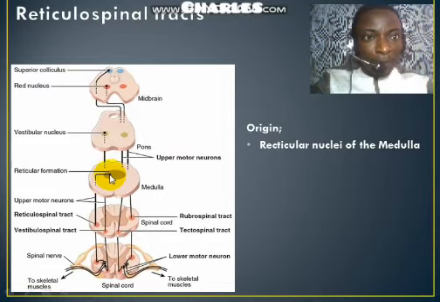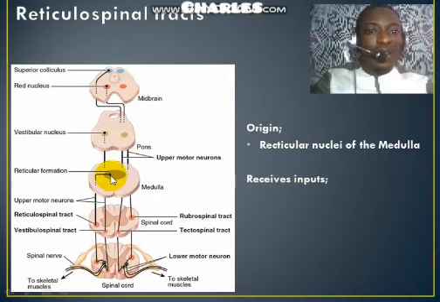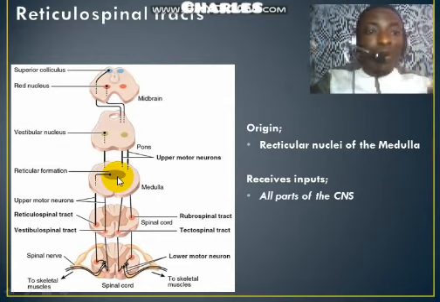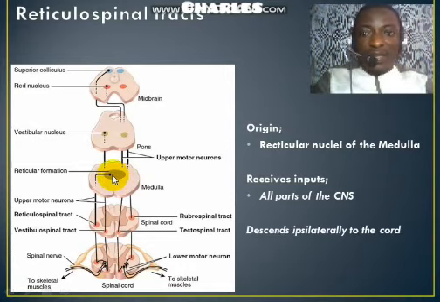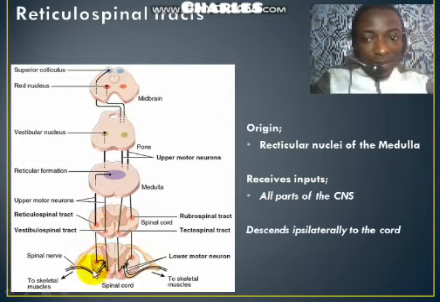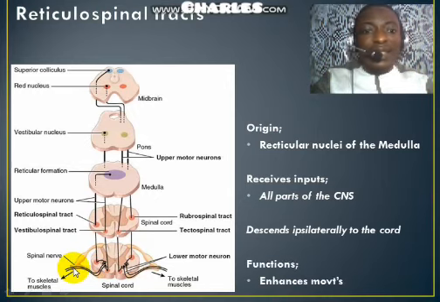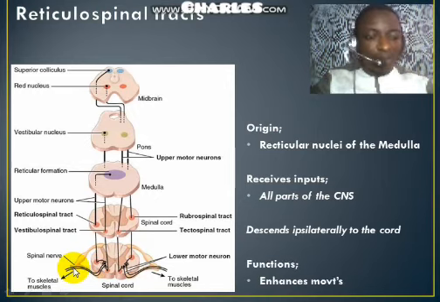This tract receives inputs from all parts of the CNS. I told you that the reticular formation sends branches to all parts of the CNS. It then descends ipsilaterally, just like the vestibulospinal tract, into the cord, and it terminates at the skeletal muscle where it enhances movements.